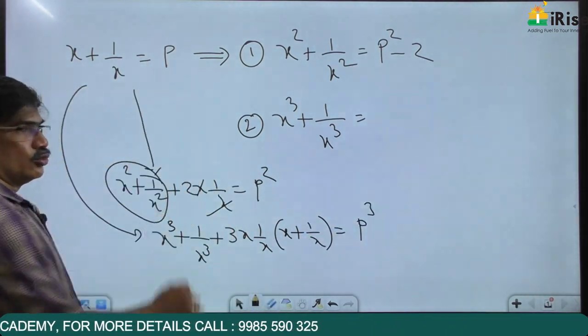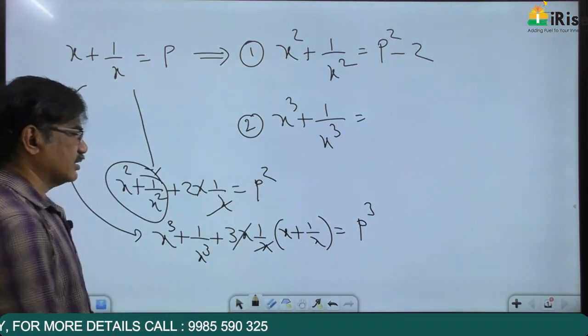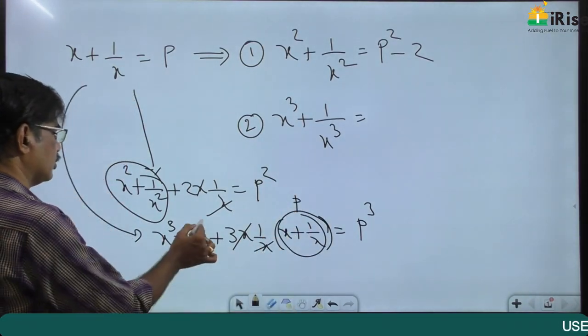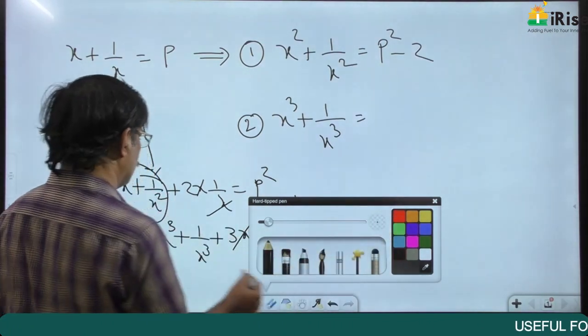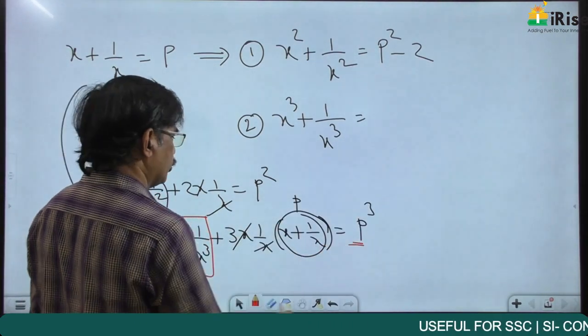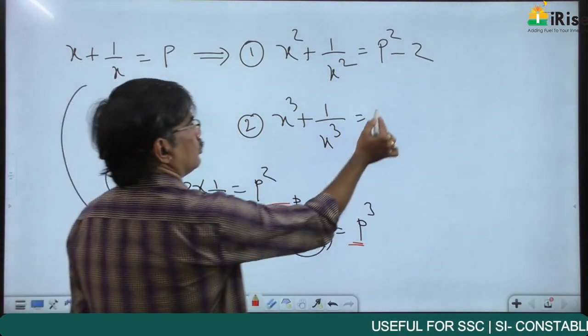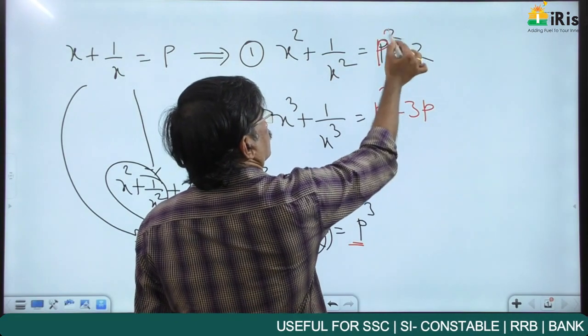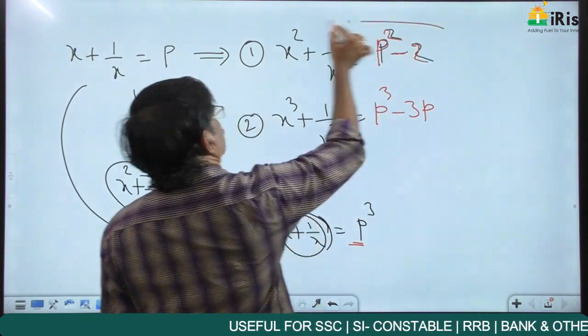Just taking cube on both sides. Here x gets cancelled. x plus 1 by x is nothing but p. So therefore x cube plus 1 by x cube is equal to p cube minus 3 into p. p cube minus 3p. This is p square minus 2.